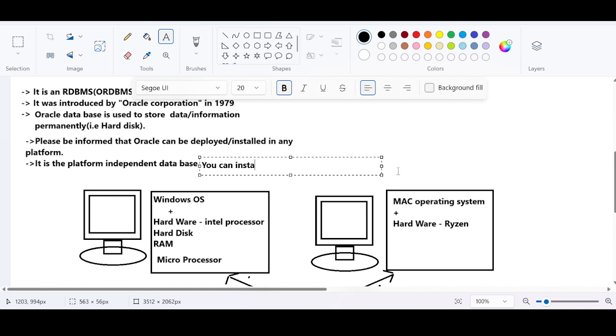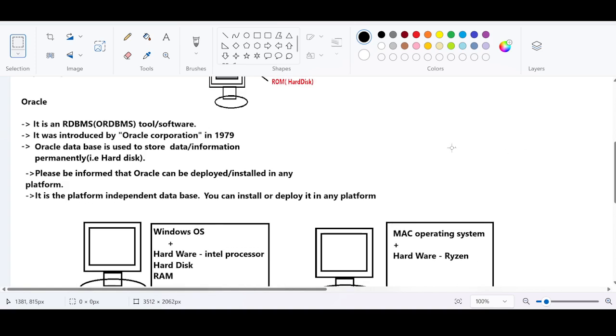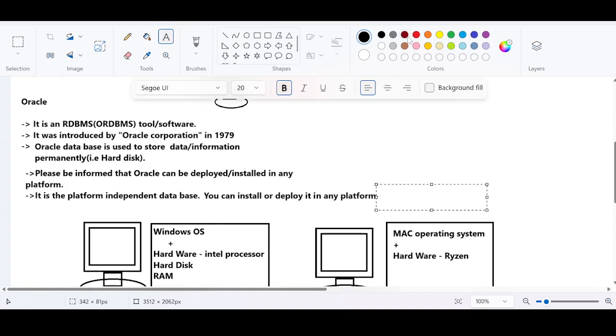You can install or deploy it on any platforms like Windows, Mac operating system, Linux, Unix, Solaris, etc. You can install it in any operating system.